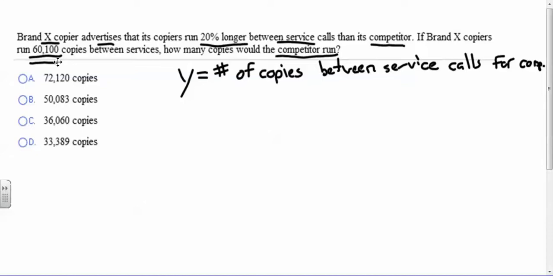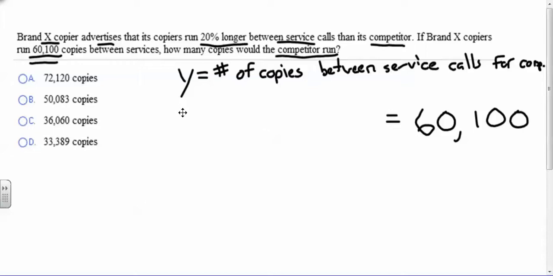So to write an equation here, we have to figure out what is equal to 60,100 copies. And we know that's the brand X number of copies between service calls. And we know that amount is what the competitor is plus 20% more than the competitor. So we know the competitor's number of copies between service calls is y.